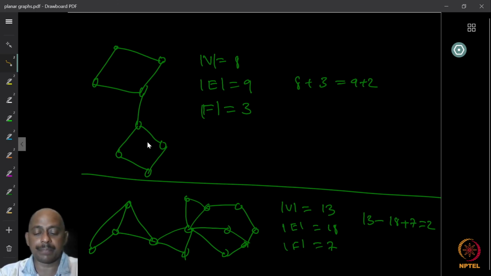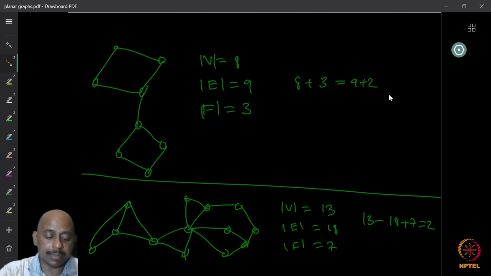And 8 plus 3 is equal to 9 plus 2, the number of edges plus 2. Take any other planar graph, for example, the one below. You have 13 vertices, 18 edges, and 7 faces. And again, 13 plus 7 is equal to 18 plus 2. So this is easy to see.